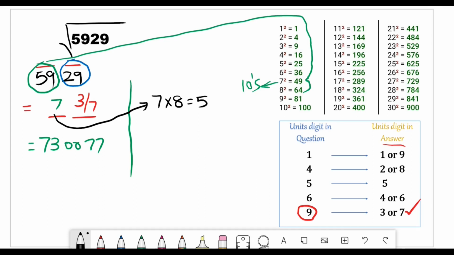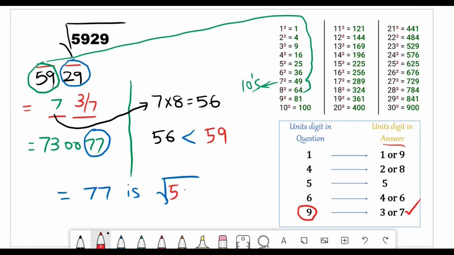We get 56, which is less than the remaining part of the number, that is 59. Hence we can say the bigger number is the answer. What is the bigger number? 77. So 77 is the square root of 5929.